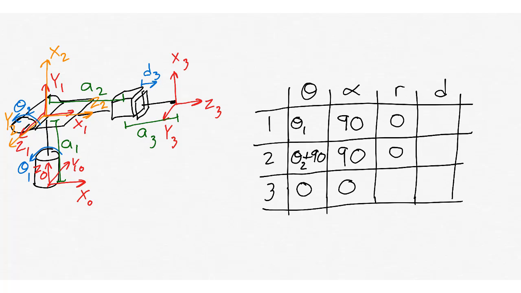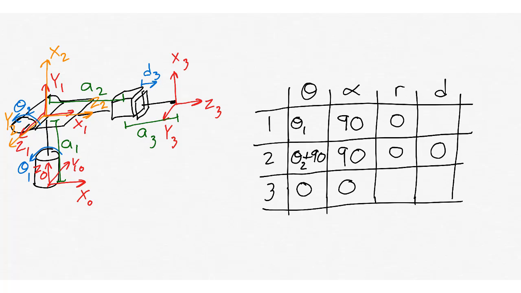I could even fill in d for the second row right away also, since we've just noticed that the displacement between the center of frame 1 and the center of frame 2 is 0 in any direction. D in the second row will also be 0. Let's look at r for the third row.